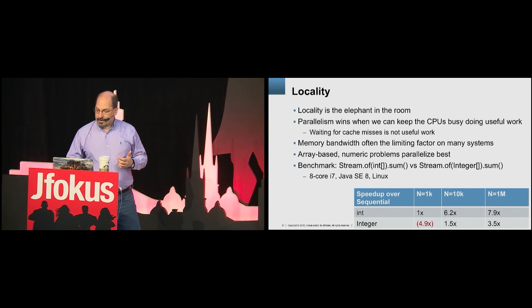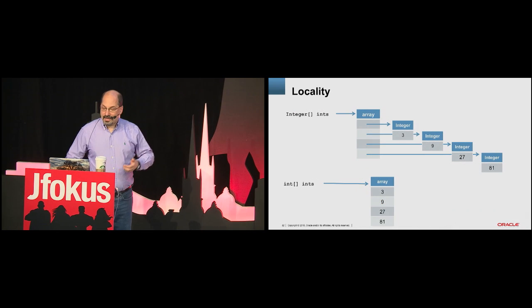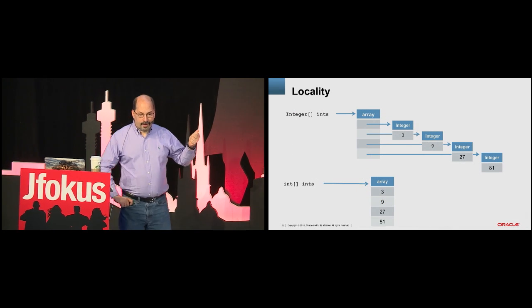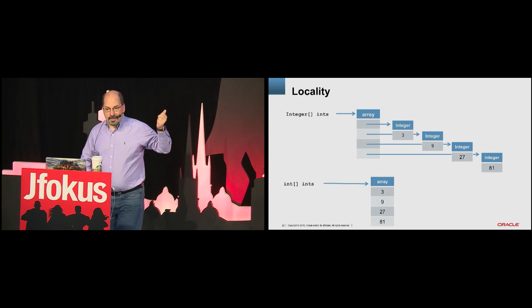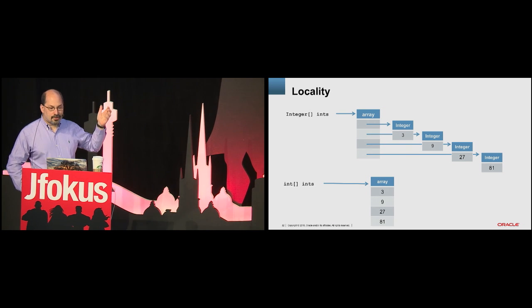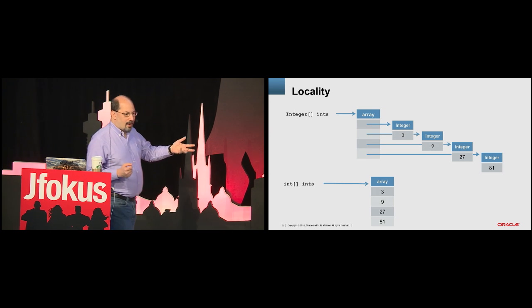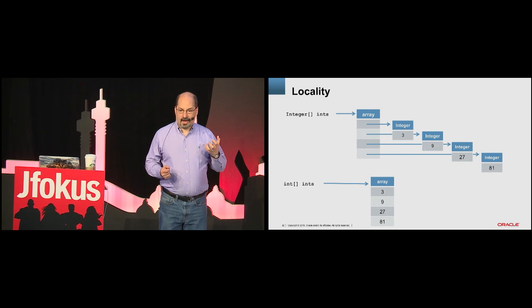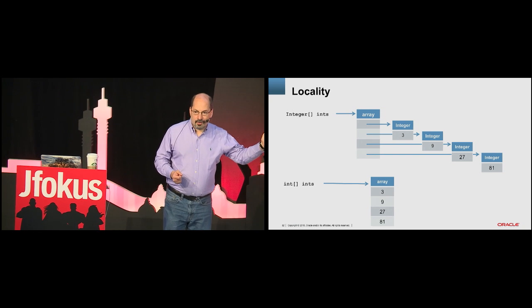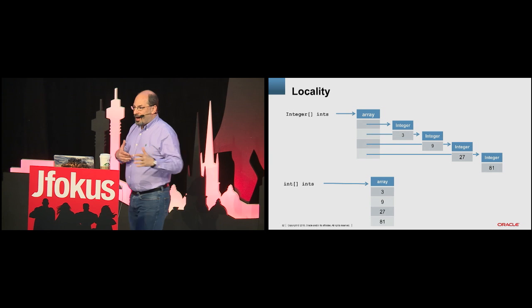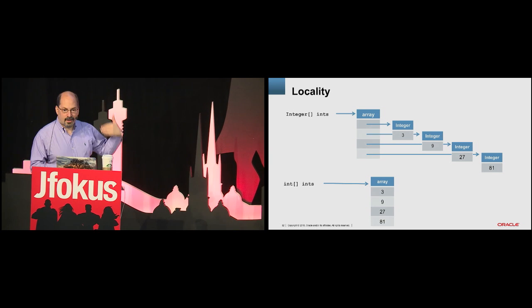The reason for that is locality. In the summing-the-ints case, I get nice locality when I've sliced the array up into pieces. Every thread has a piece of it already in its cache, and it can just walk down the array and add up the numbers and not waste any time waiting for more data to come out of memory.